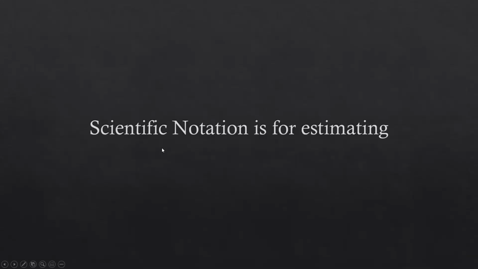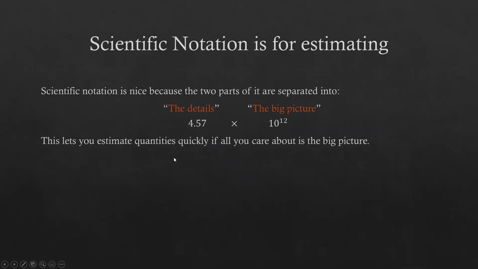Okay. The other useful thing for scientific notation, and I would say the more useful thing, is for doing some estimating. And the reason scientific notation is really useful for estimating is because it breaks up a number into 2 bits. It gives you a sort of an exactish little bit, and then it gives you a general sense of how big the number is.